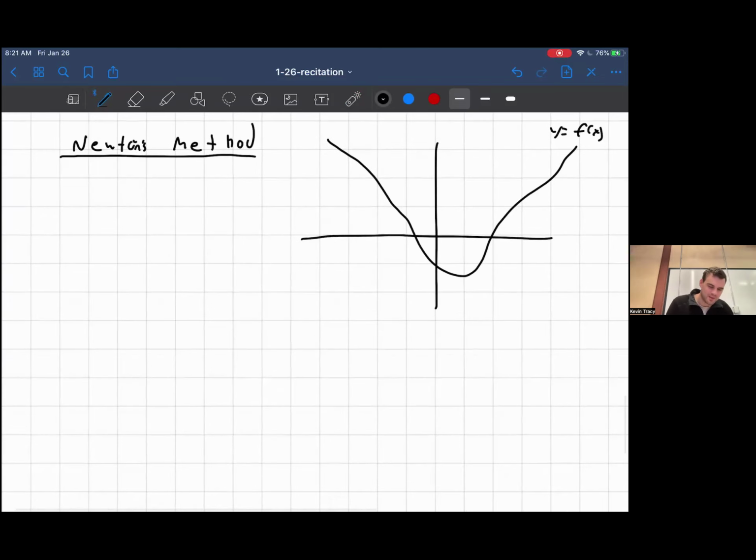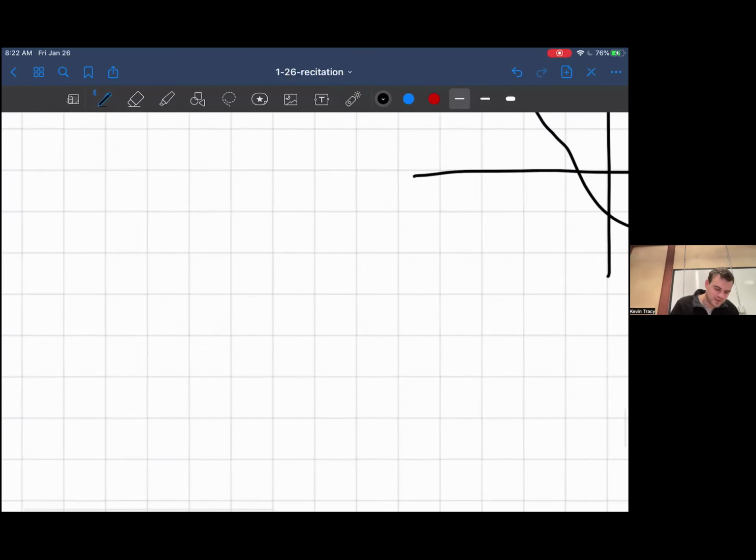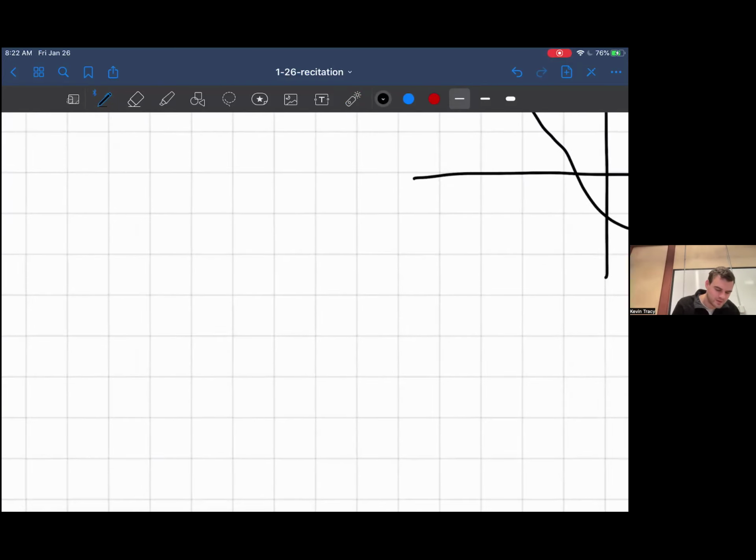So now let's talk about Newton's method. Why do we need Newton's method at all? First, let's talk about what we can and can't solve with the math that you already know. Say I need you to solve 5a + 6b = 7, and 6a - 4b = 19.